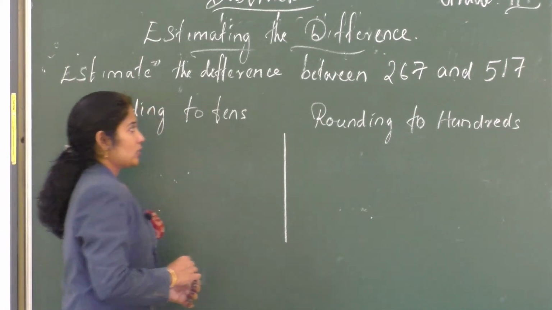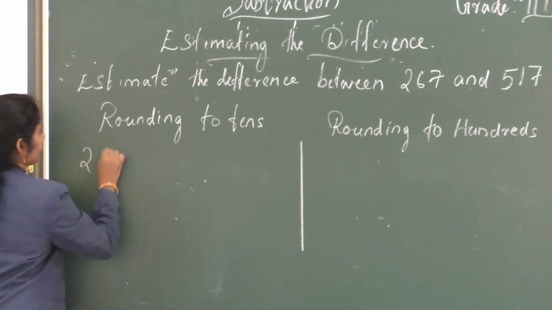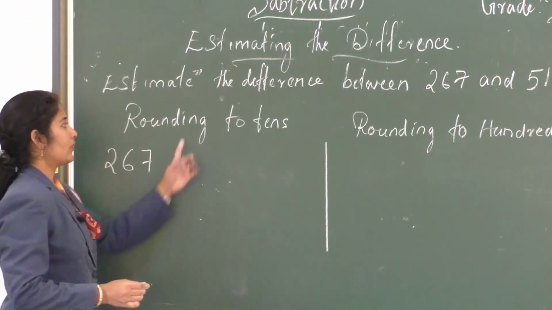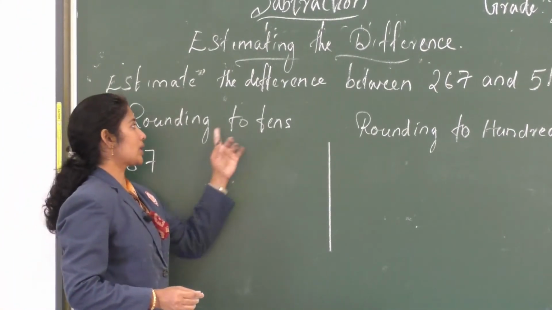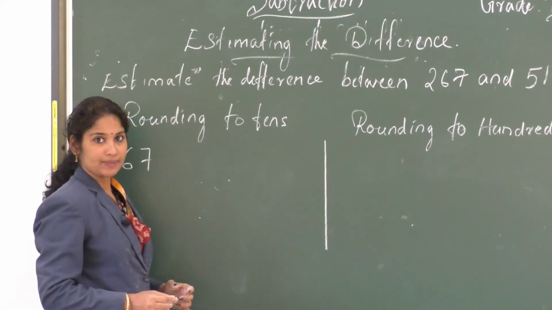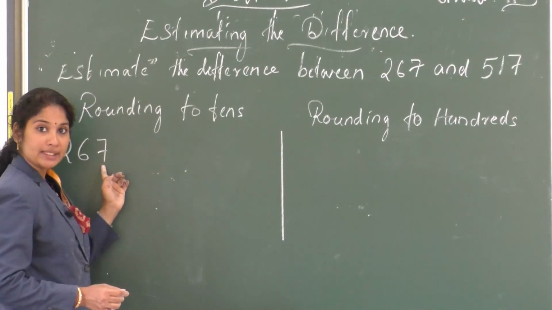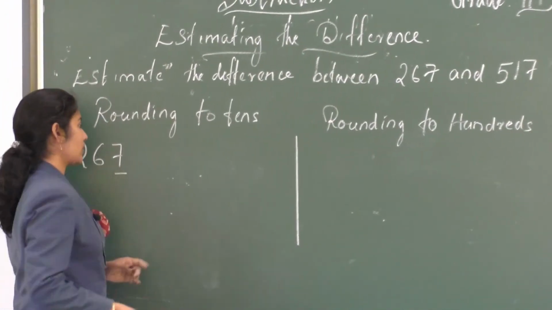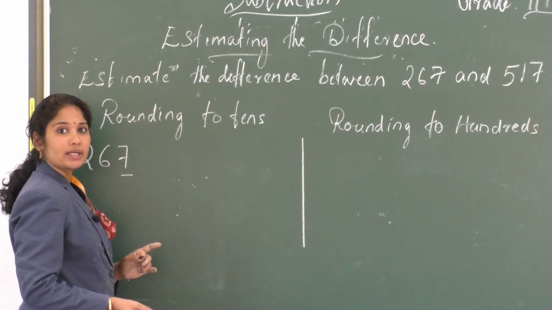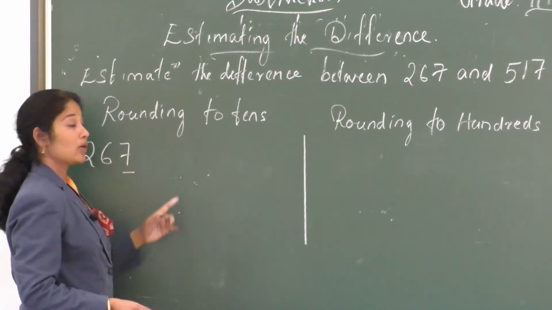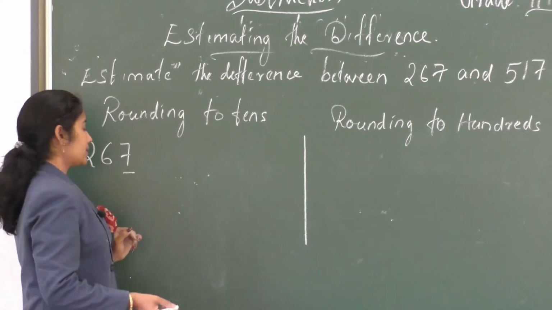First we can take 267. We have to round off to nearest tens. In tens we have to check which place? Ones place. If it is 5 or more, the number rounds up to the tens place.